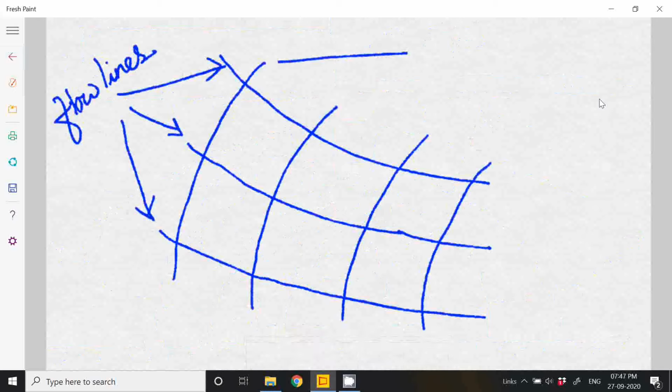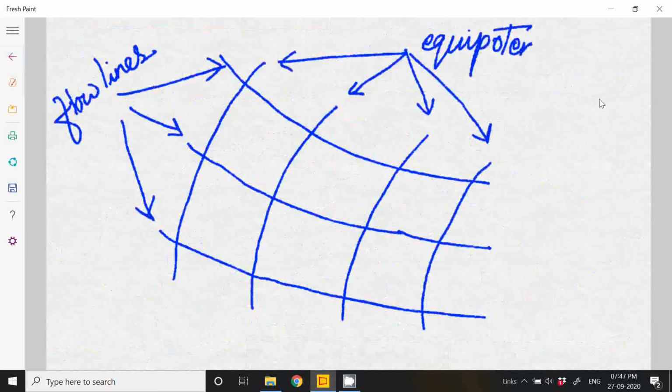Equipotential lines are these ones. So what will be the flow path, or flow channel?